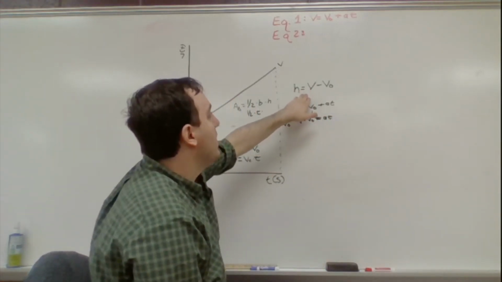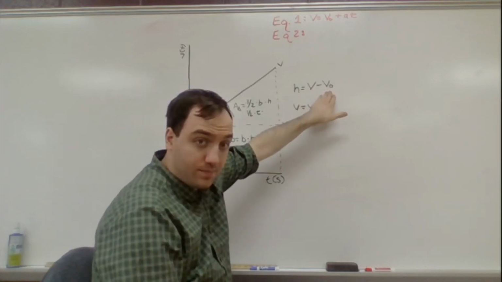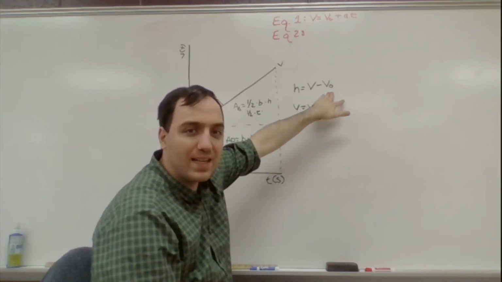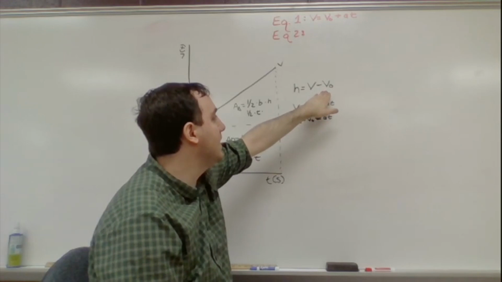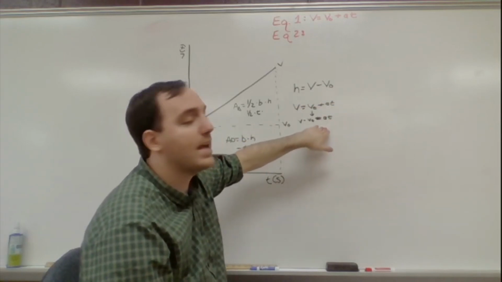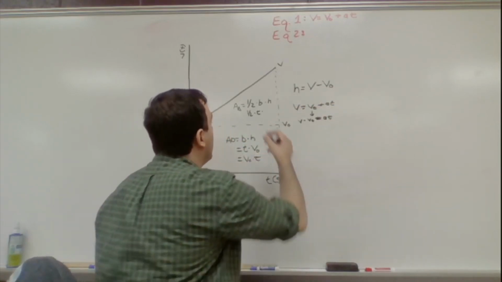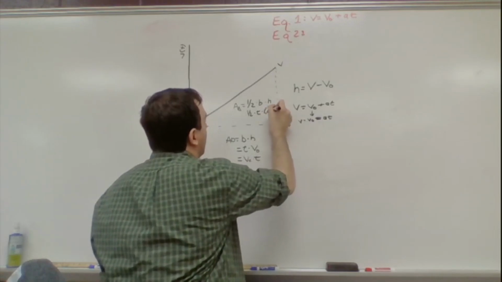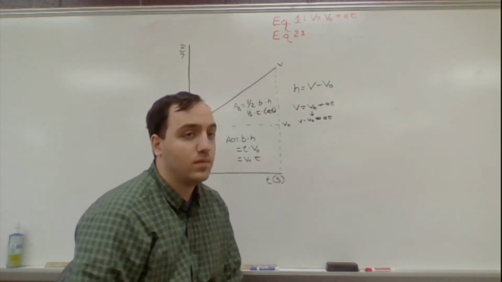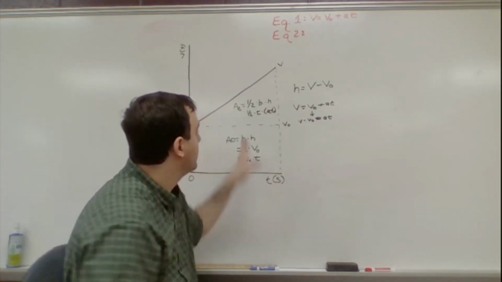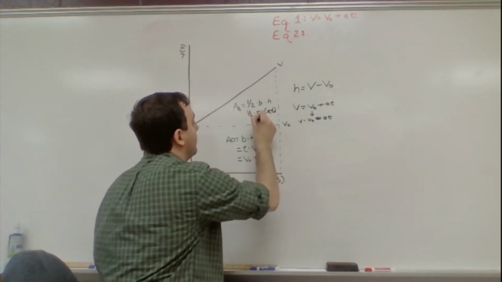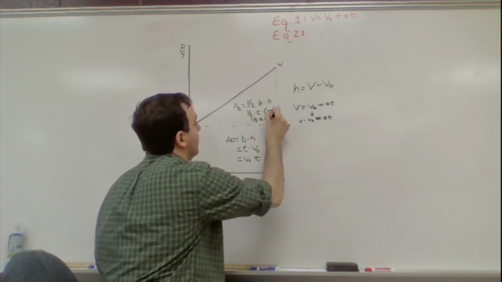And so since my height is v minus v naught, what I can do is I can plug in at instead. So my height is at. Simplify that, multiply everything together, you get 1/2 a t squared.